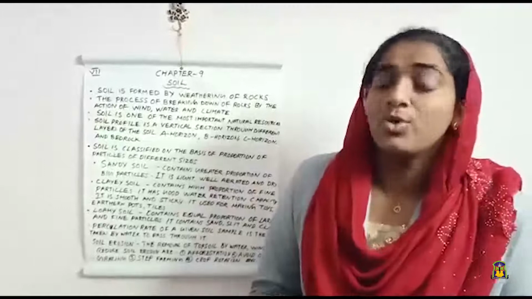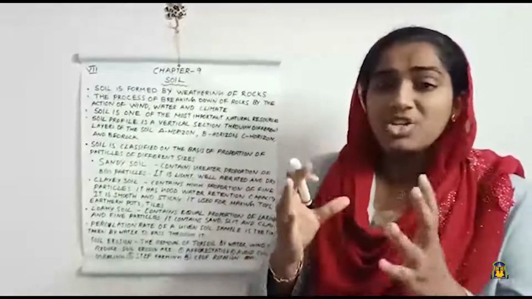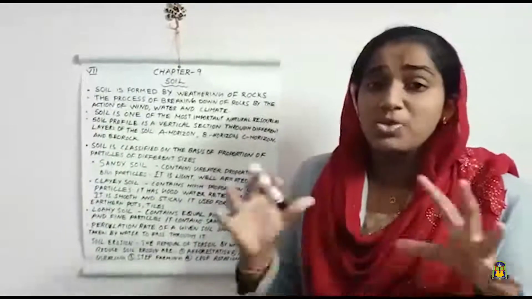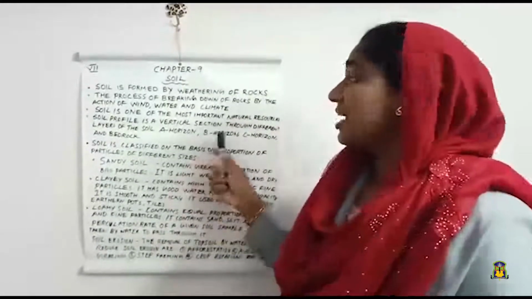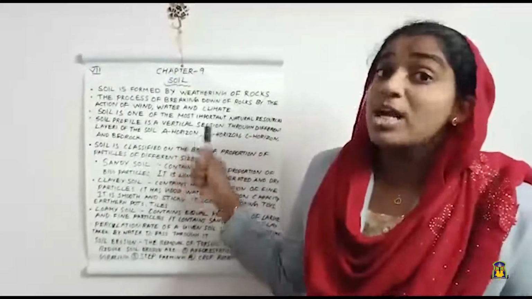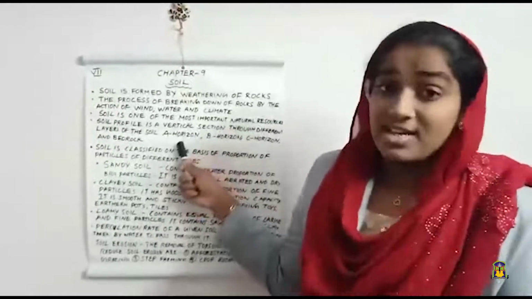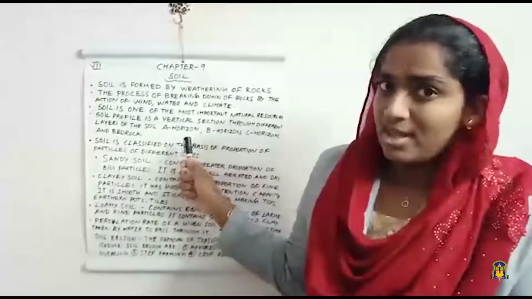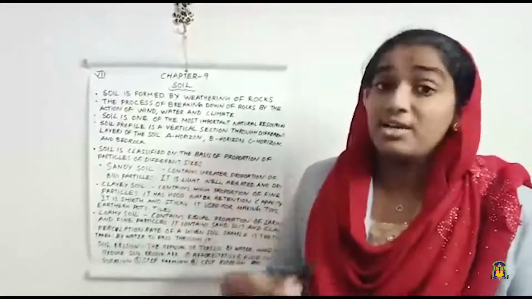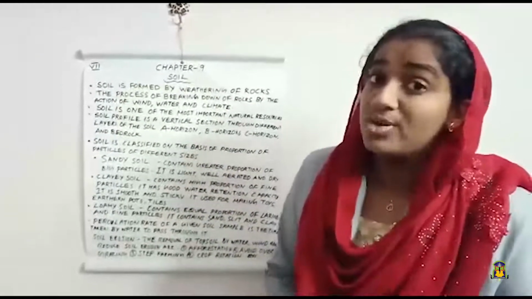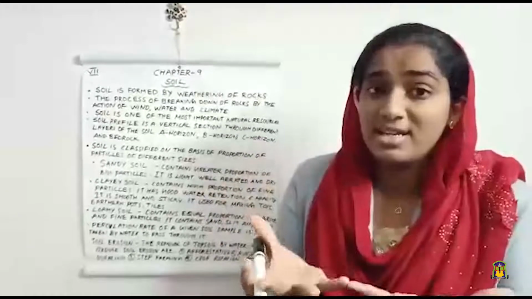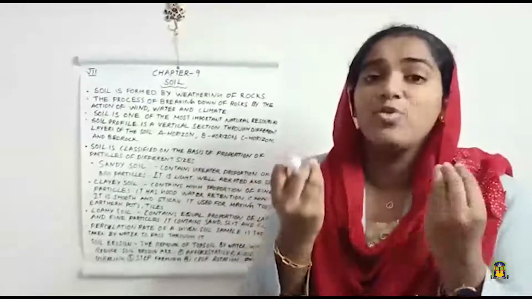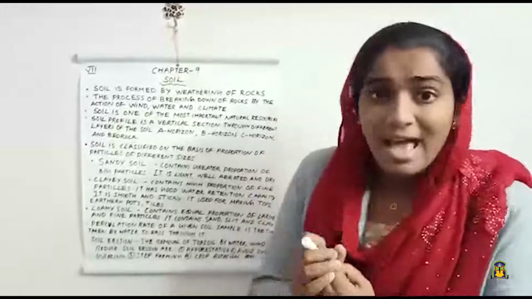The topsoil is very rich in humus. Another speciality of A horizon is that it is dark in color, very rich in humus, and its water holding capacity is very high.